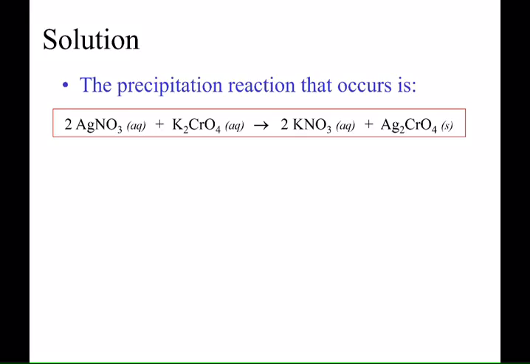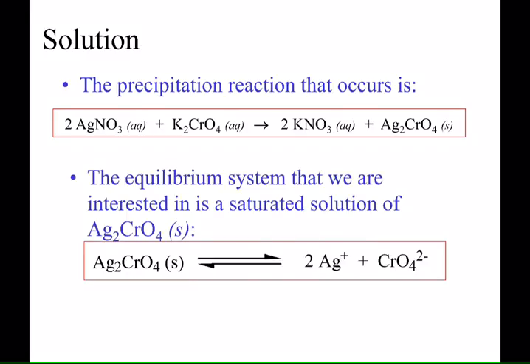Notice I've put the solid next to the silver chromate. The other thing I'm going to be looking for is for you to run with that solid. That silver chromate is the thing in question, the rest of the problem.